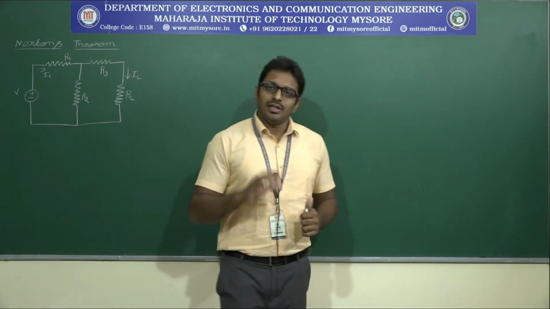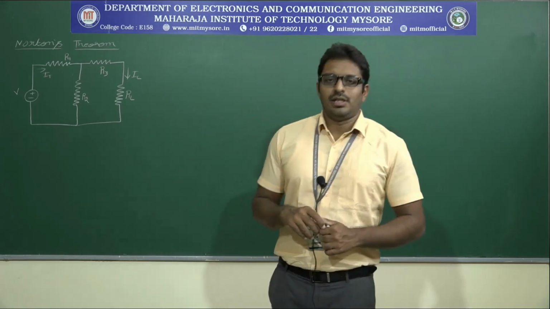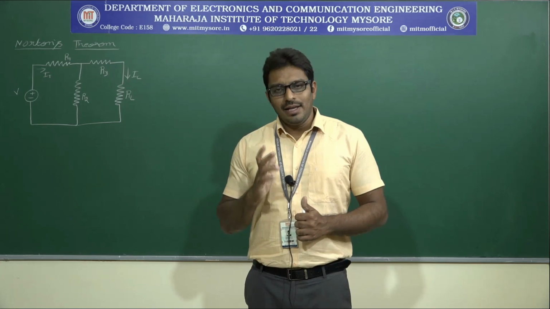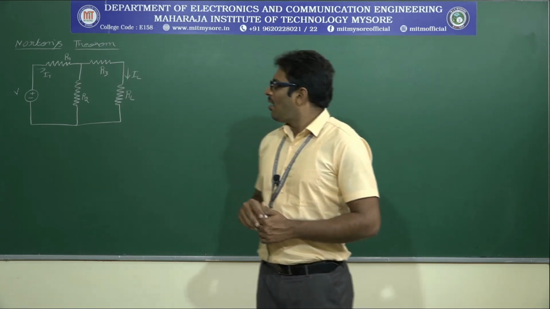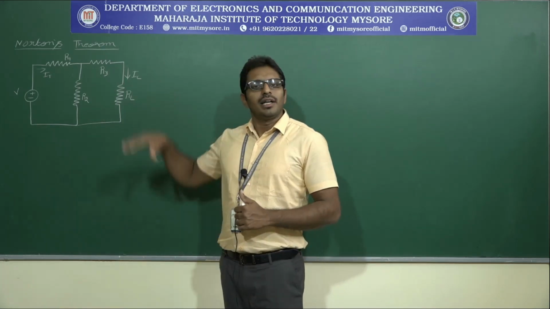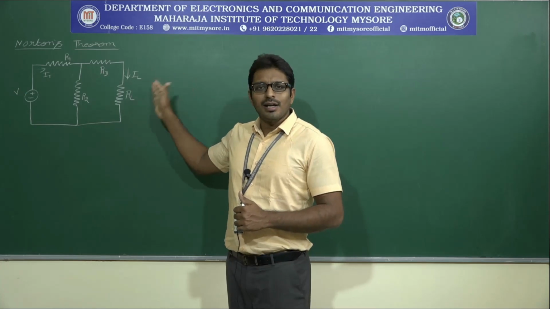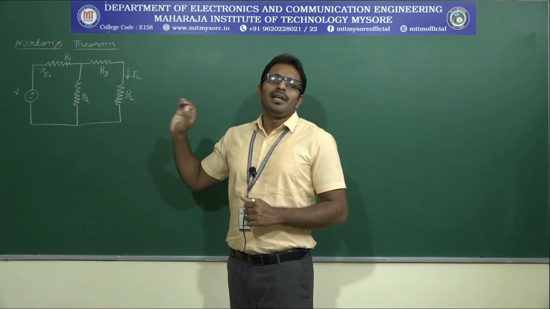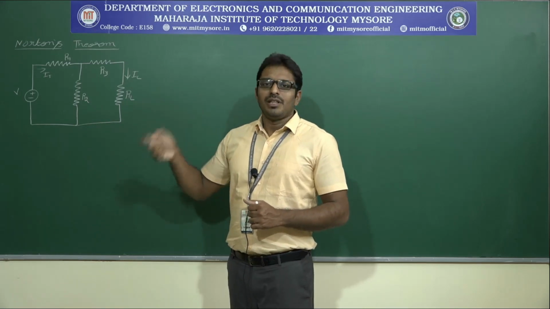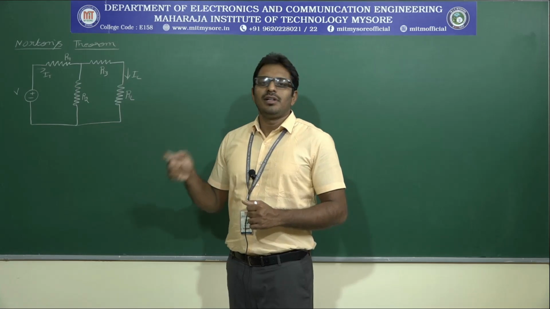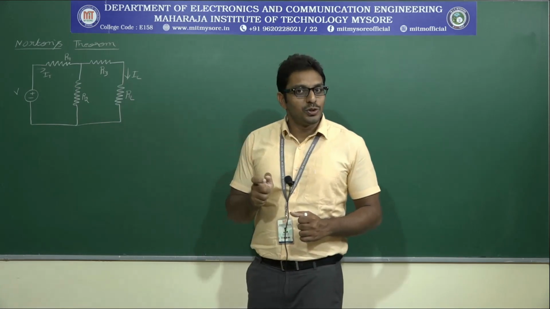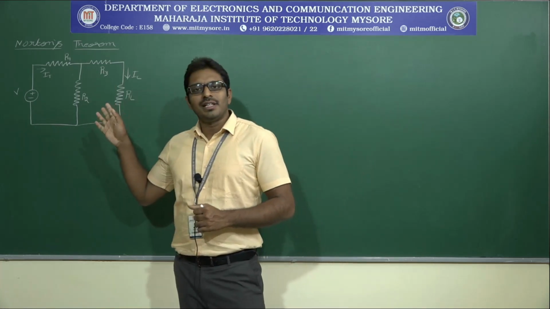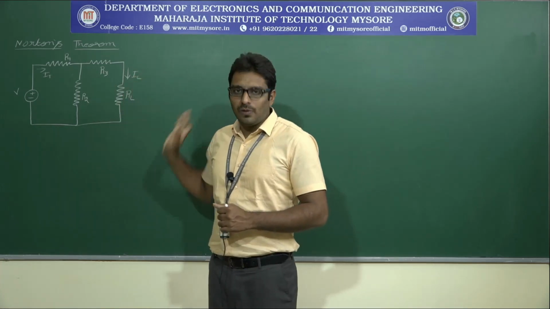All the theorems start with the sentence: in any linear bilateral network, a complicated circuit connected to an impedance or resistance is replaced by a simple equivalent circuit. That simple equivalent circuit consists of a current source in series with resistance connected across the load.